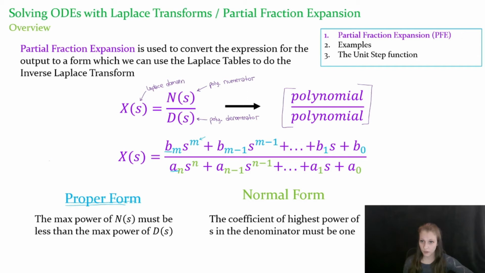Additionally, M represents the maximum power term in the numerator, and N represents the maximum power in the denominator.